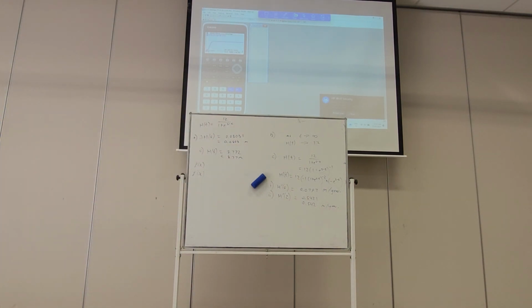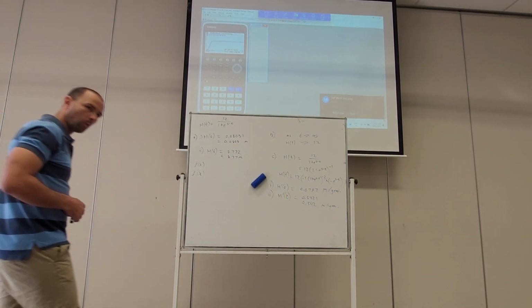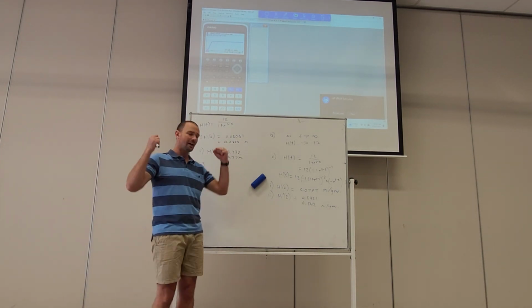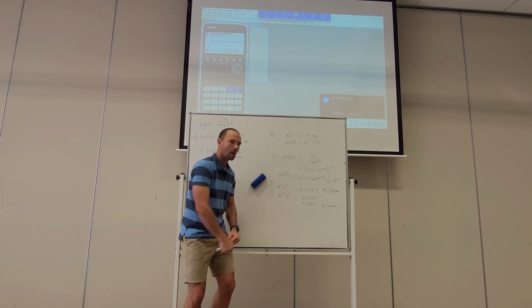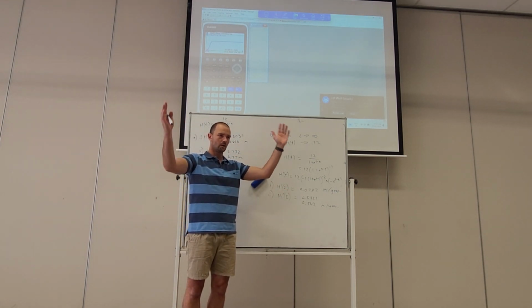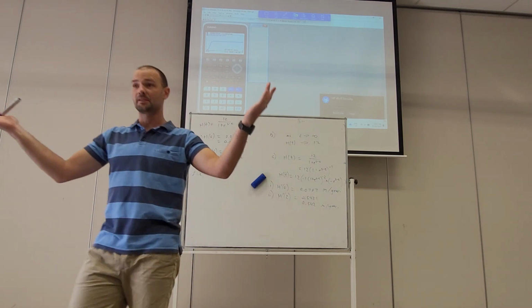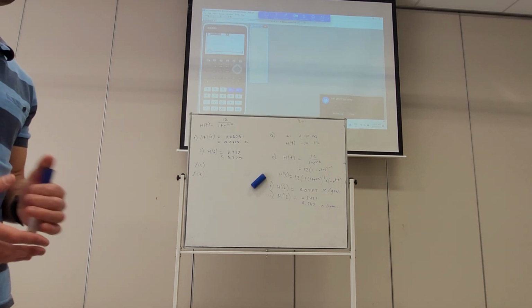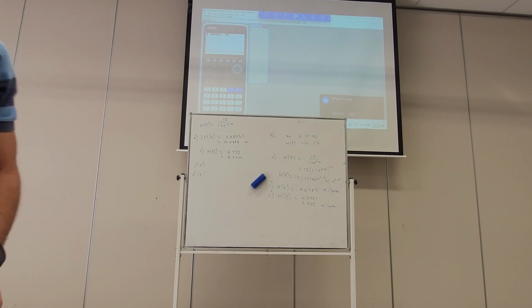Next, when is the tree growing at the fastest rate? That means, when is the rate of change maximized? The easiest way for us to do this is to graph the derivative. So I'm going to graph my derivative, turn my original function off. And remember, I like to graph just one function at a time because that allows me to G-solve very quickly.